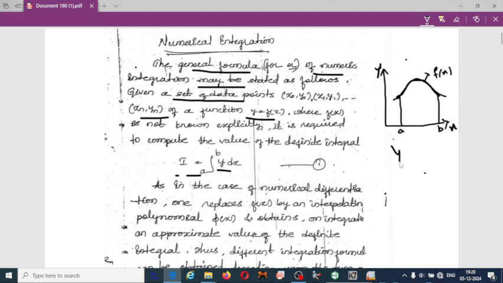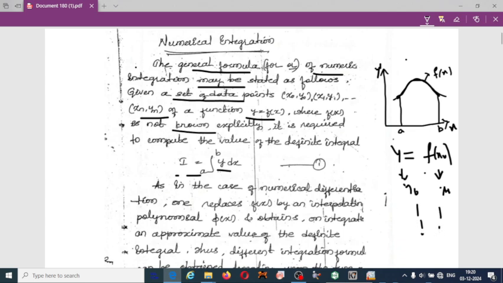Y is given by a function of x, which is divided into the intervals x0, y0, x1, y1 and so on. Here y0 depends upon the function of x0, and like that up to n values.